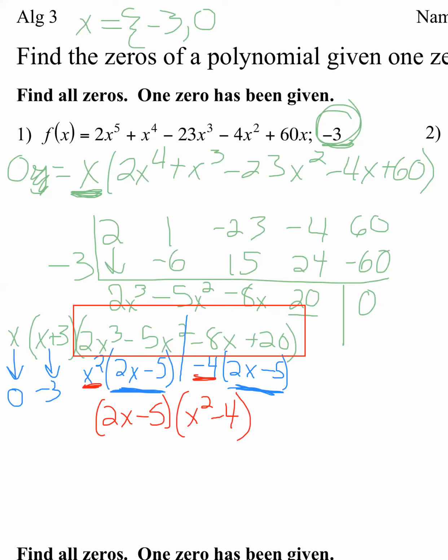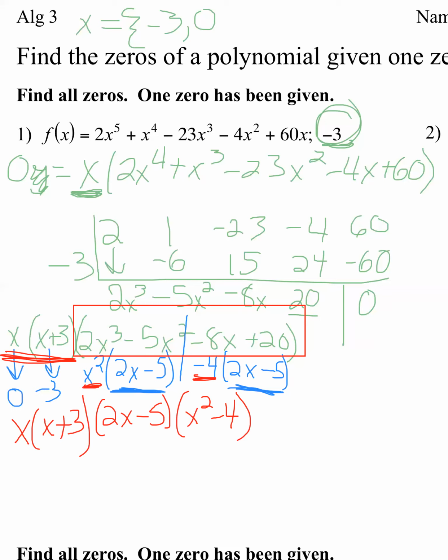So that crazy thing in the red box just factored into 2x minus 5 times x squared minus 4. If I bring down the other two factors from before, x times x plus 3, now I have this thing factored down even more.